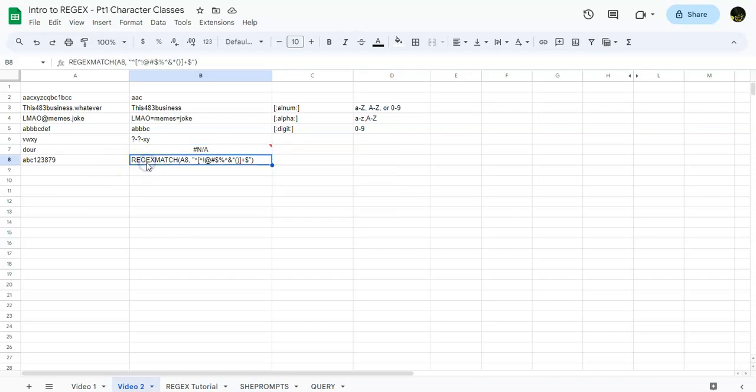All right, so as far as regular match, this right here is very interesting. Let me back up. When you're dealing with passwords, there are some sites that don't want your password to have anything but numbers and letters.